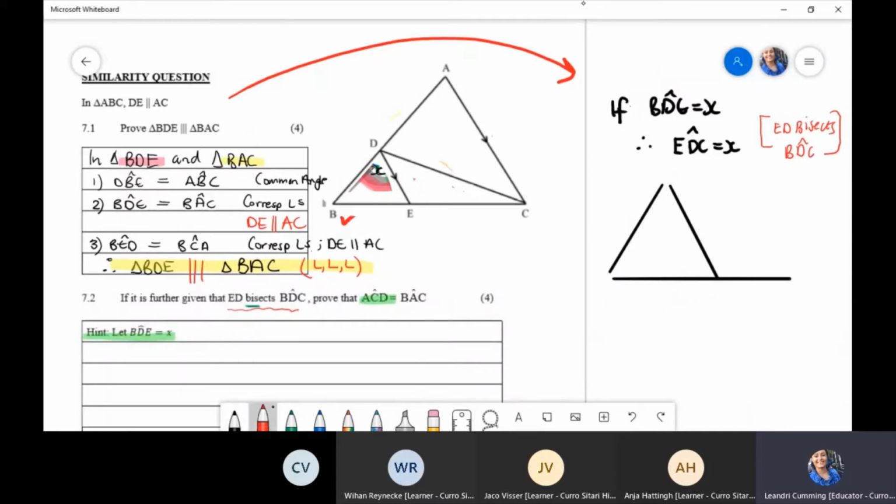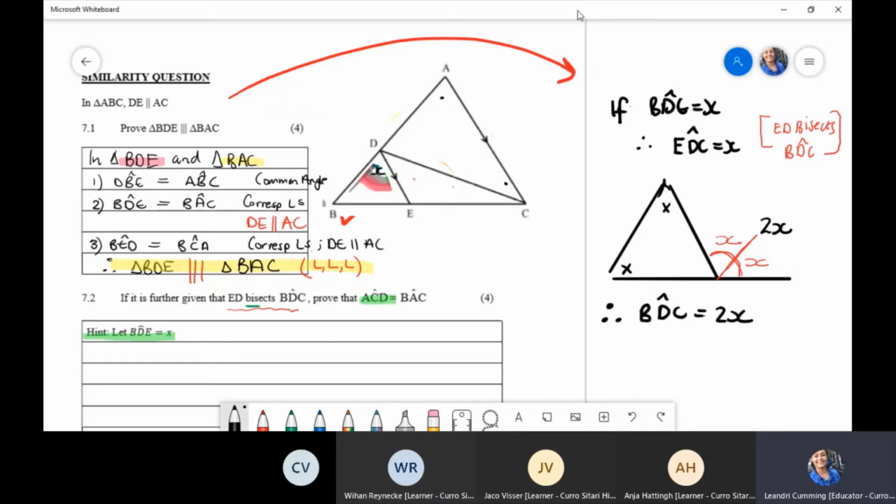In this case, this exterior angle has been divided into an x and an x. So my statement here can say that therefore angle BDC is equal to 2x. But this 2x is in fact the exterior angle of this triangle right here, for which we want to prove that this angle is the same as that angle.